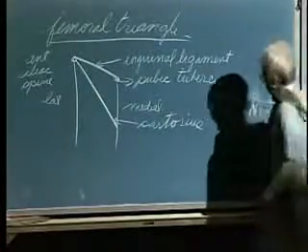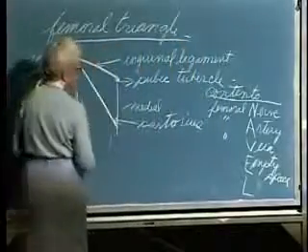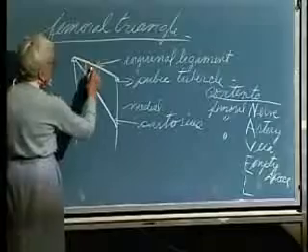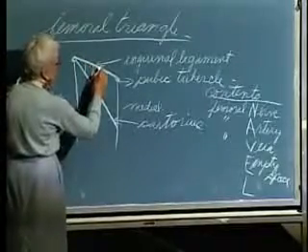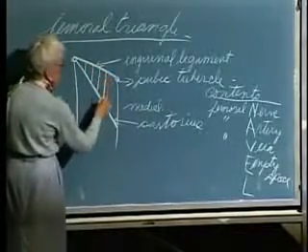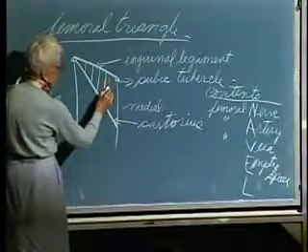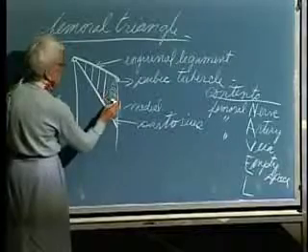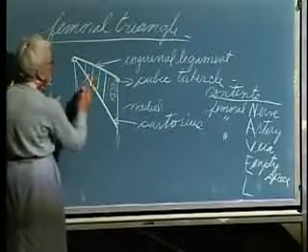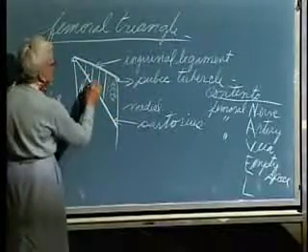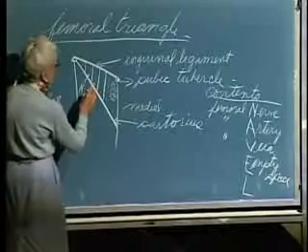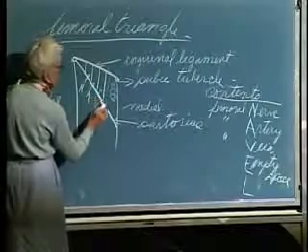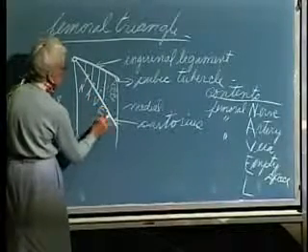So, if we take our letters and put them in position, we'll have the nerve, then the artery, then the vein, then the empty space, and then the nodes and lymphatics here. So this will be our N. This will be our A, this will be our V, our E, and our L.